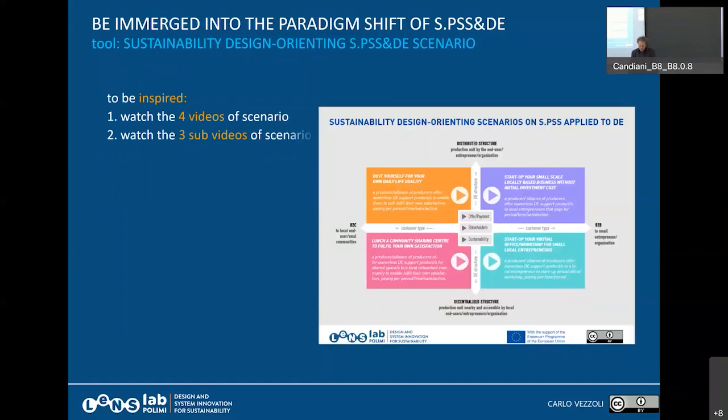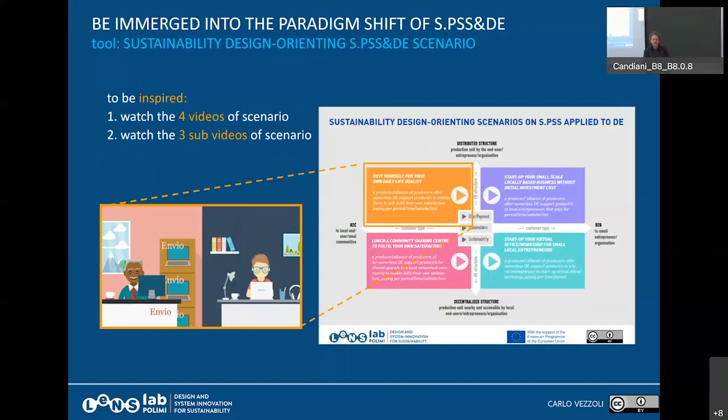8th lecture. The first thing that you are going to do is to use the sustainability design orienting scenario applied to SPSS NDA. Okay, this was something that we developed during the course of the AU Fire project, the last one that I told you.